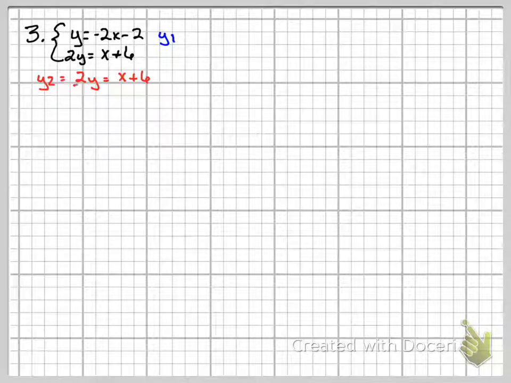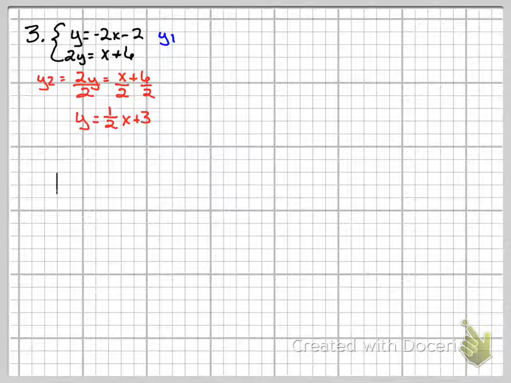Okay, the x is already on the proper side, so we're going to divide all of that by 2. Okay, that gives me y is equal to 1/2 x plus 3.